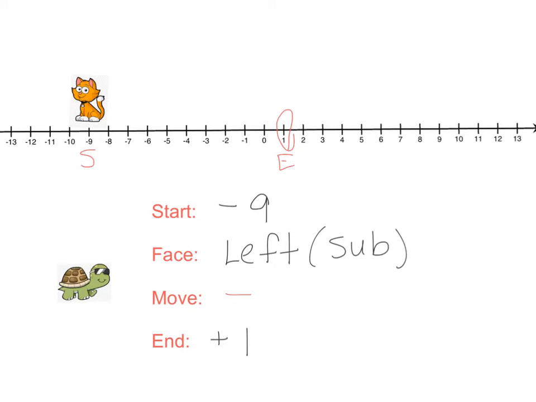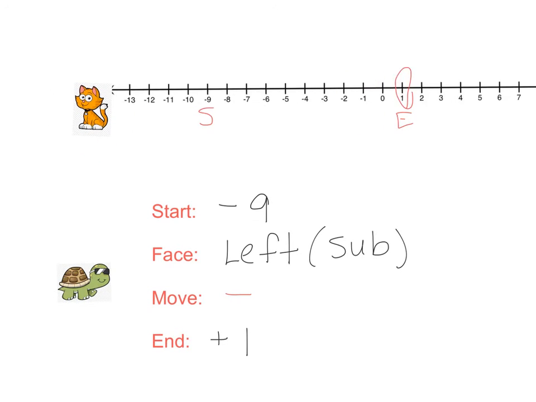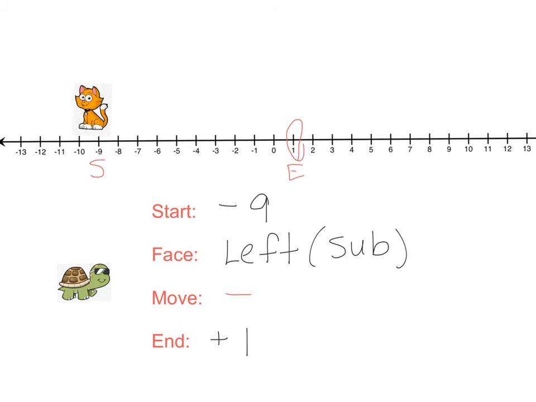Now, how many? I'm going to cheat a little bit here. I know my absolute value, from -9, oh, I moved the wrong thing. Let's try that again. From -9 to 0 is 9 spaces, and then I need to move one more. So this cat needs to move backwards 10 spaces.